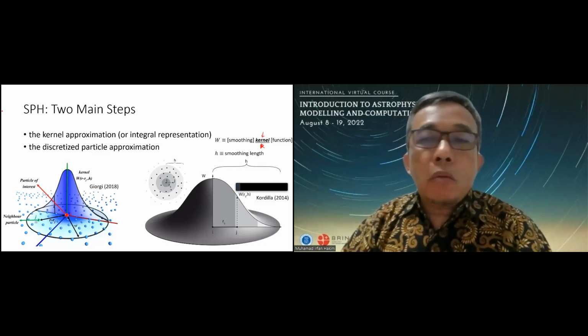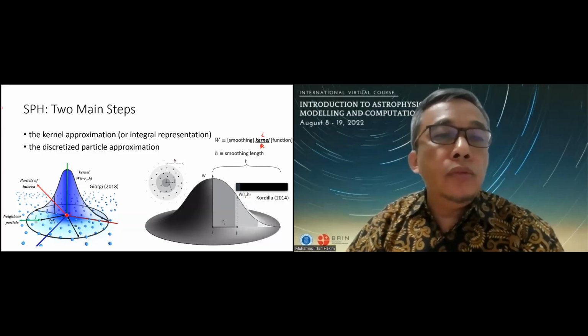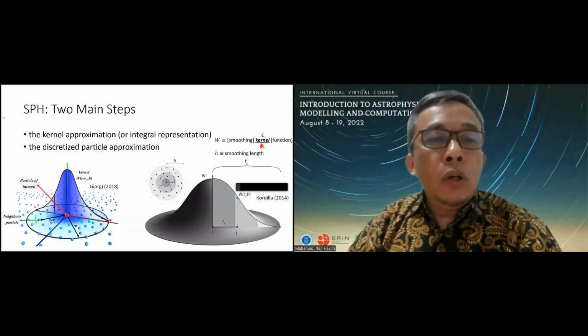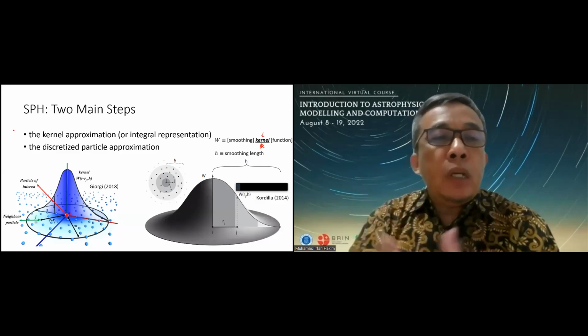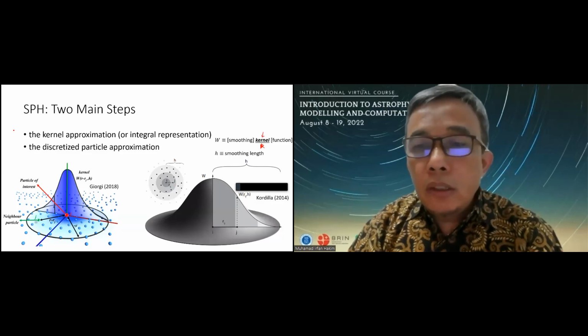Okay, these are two examples of kernel function. We call the center particle the particle of interest.